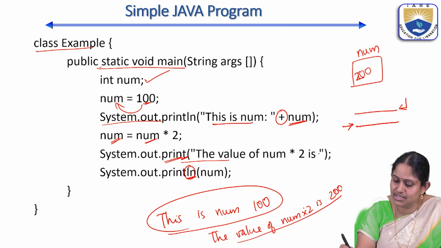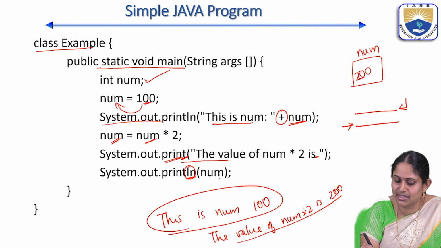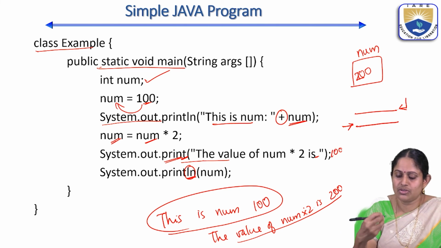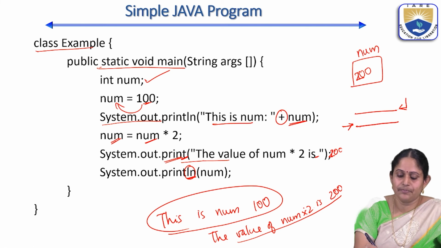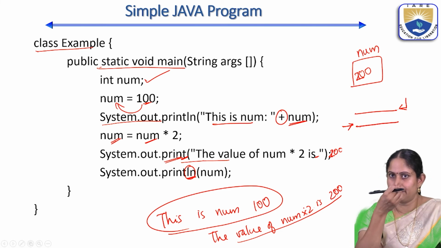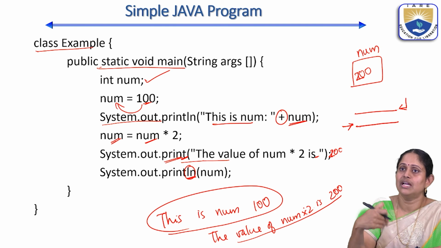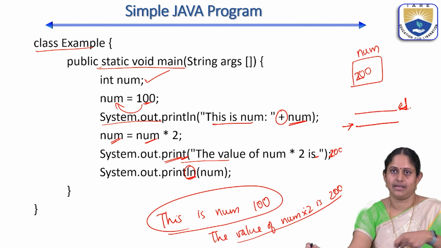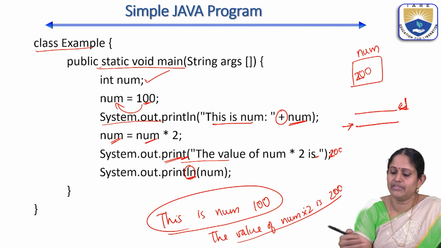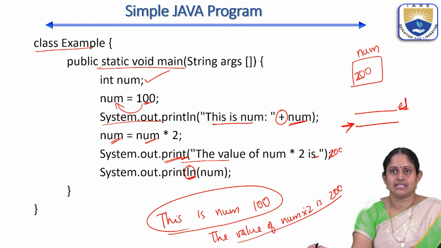After this statement, num will be printed over there, so 200 will be printed. So basically the difference is that print leaves the control at the end of the line, and println will bring the control to the next line.